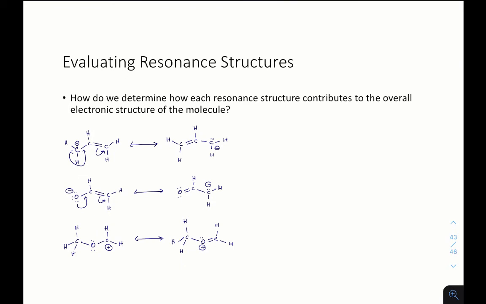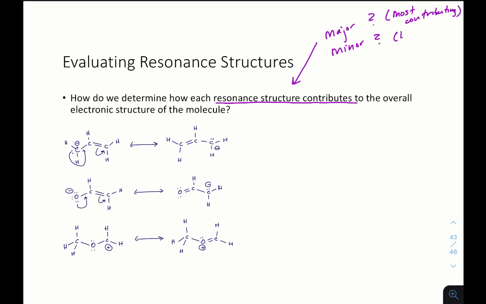That's not always the case. So we do need to know how to determine how each resonance structure contributes to the overall electronic structure of the molecule. So we need to figure out which is the major resonance structure, which is the most stable, for example. Which resonance structure maybe is a little less stable, maybe contributes less to the electronic structure of the molecule.